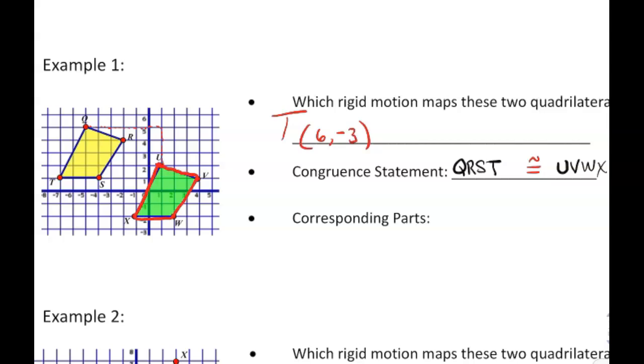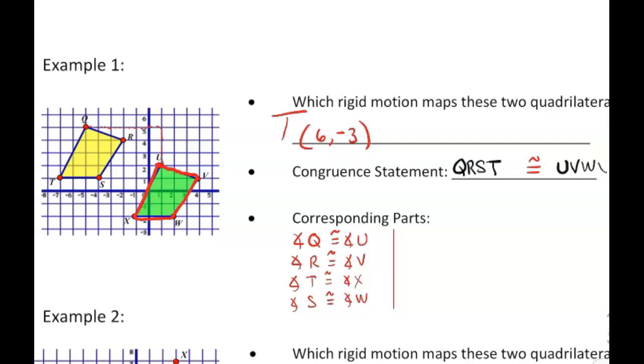So now what are the corresponding parts? There's our 4 corresponding sets of angles that we just talked about.